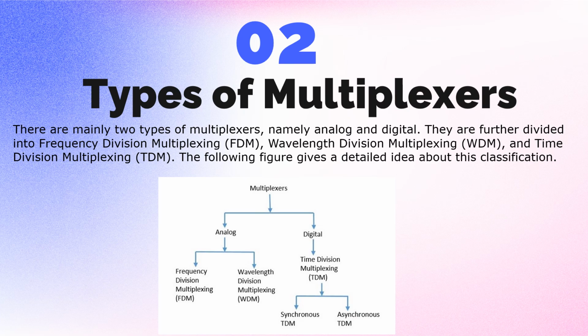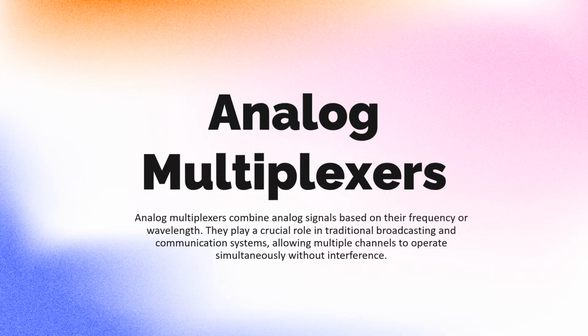Analog multiplexing is divided into two parts, frequency division multiplexing FDM and wavelength division multiplexing WDM, and digital multiplexing has the part time division multiplexing TDM, which is divided into two parts, synchronous TDM and asynchronous TDM. So now we're gonna see what is analog multiplexing and what is digital multiplexing.